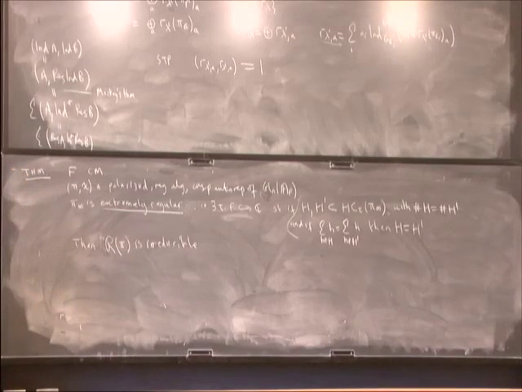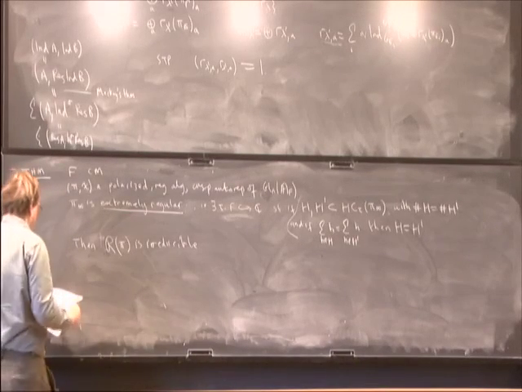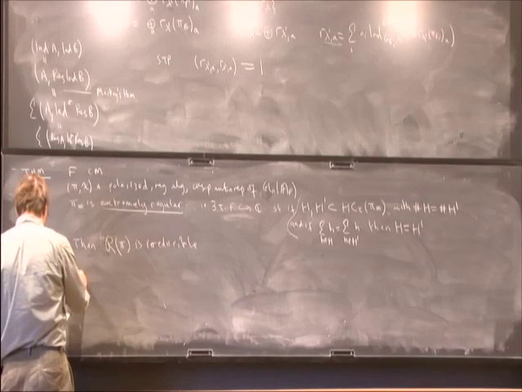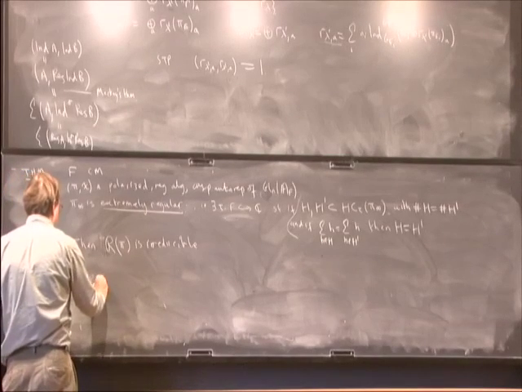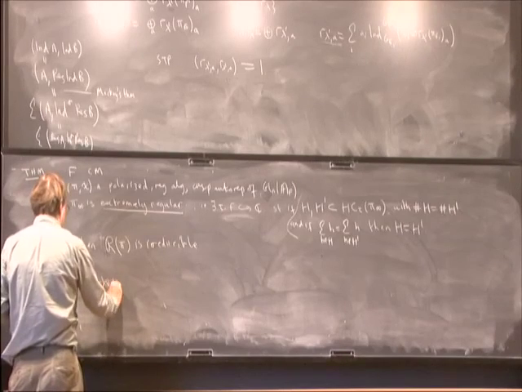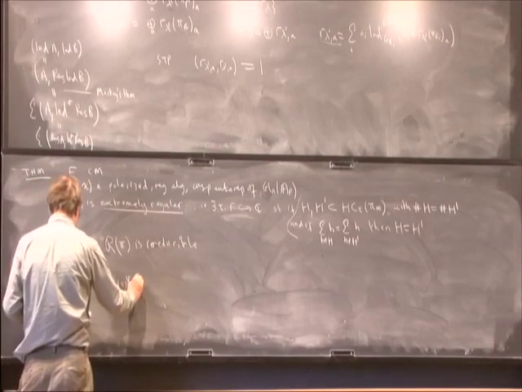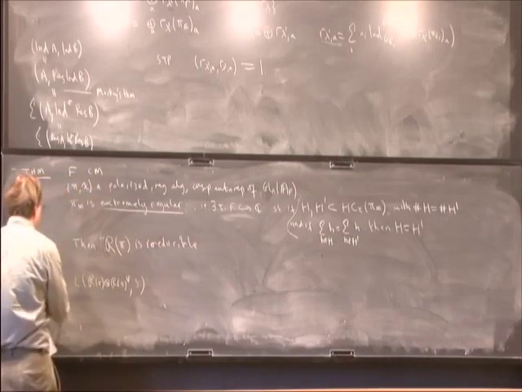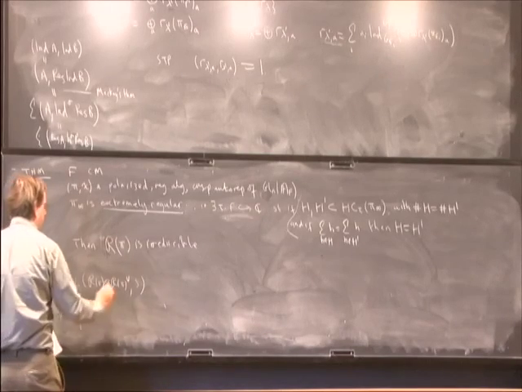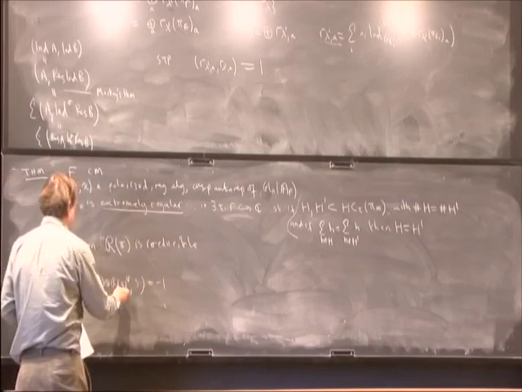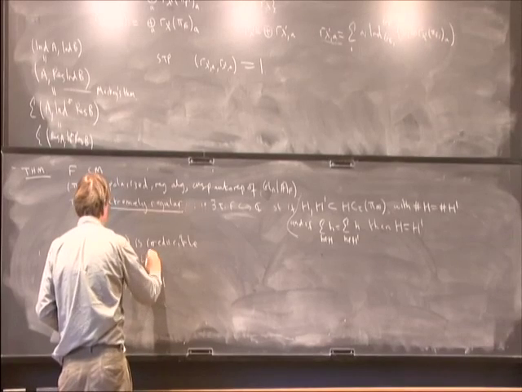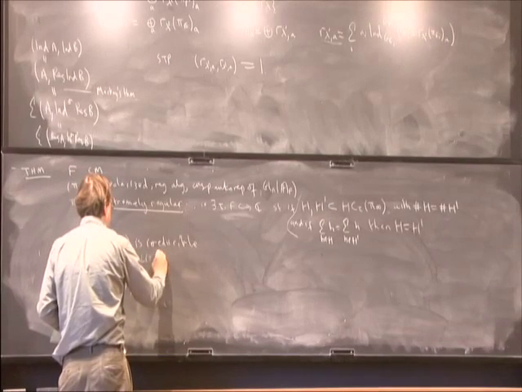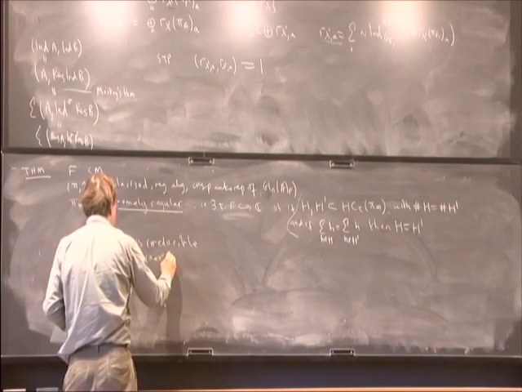You're going to look at the L function of r_pi tensor r_pi dual of s. The order at s equals 1 of that is -1 because it's the same as L of pi cross pi dual of s.